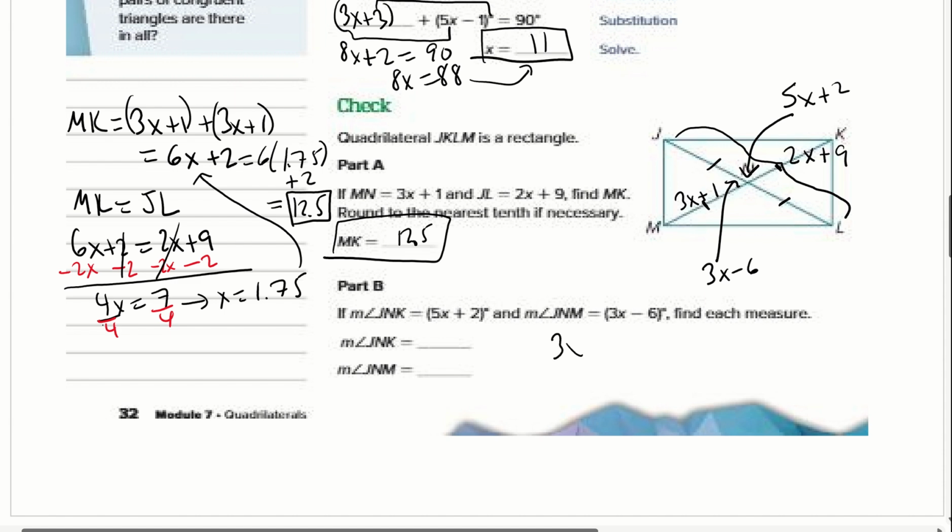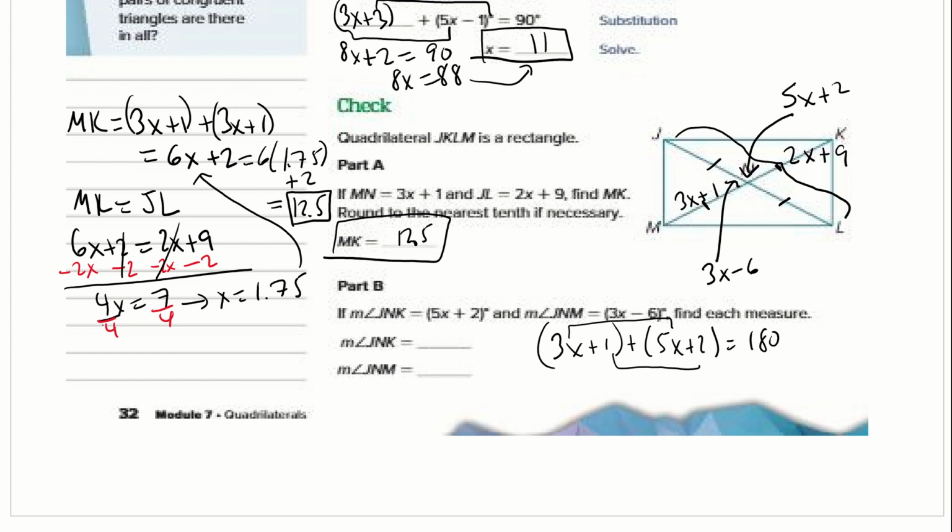So we got 3x plus 1 plus 5x plus 2 equals 180. And we combine our like terms. So we get 8x plus 3 equals 180. Subtract 3 on both sides, so you get 177. Or wait, let me make sure I did the math here correctly.